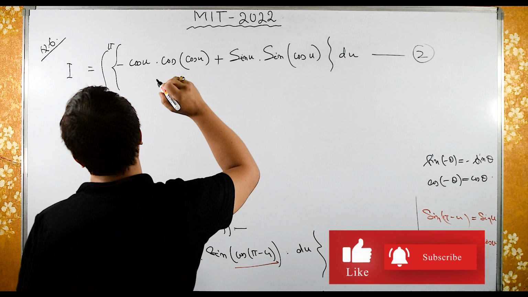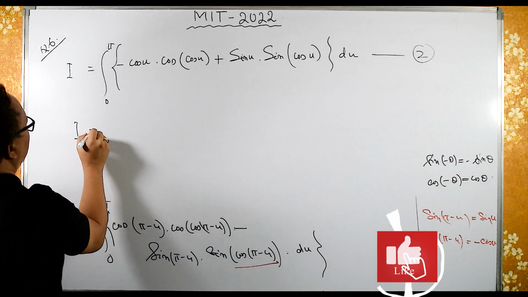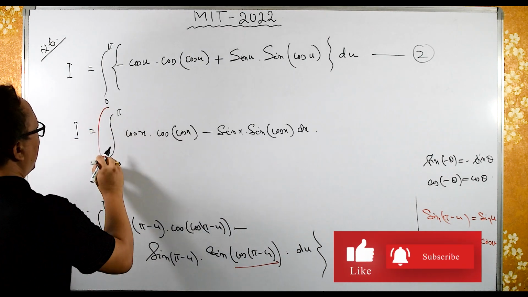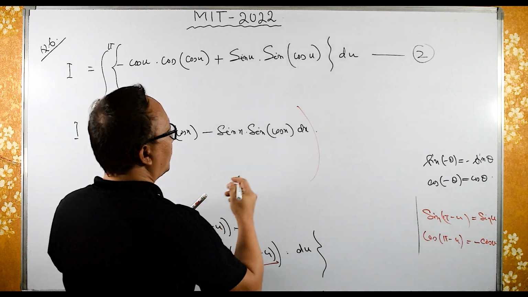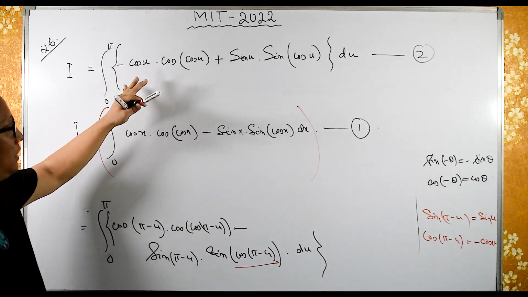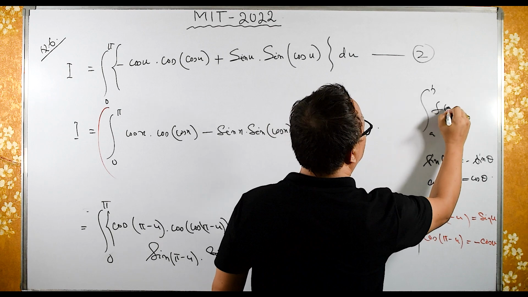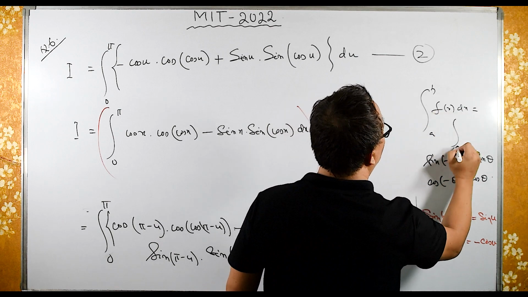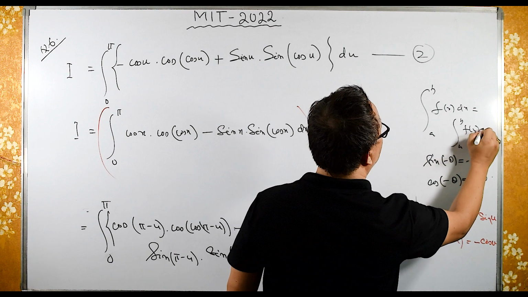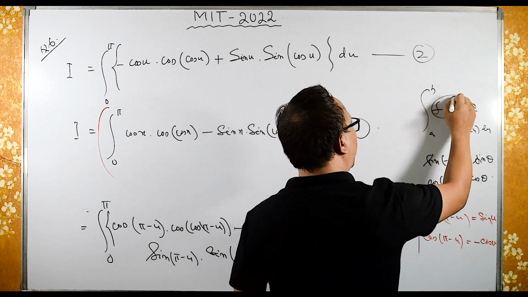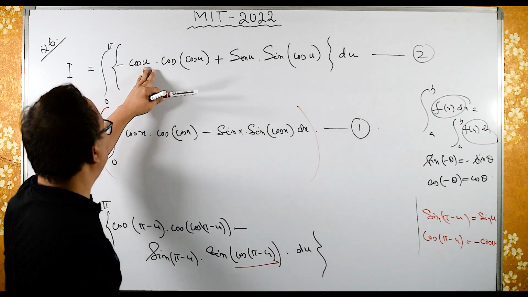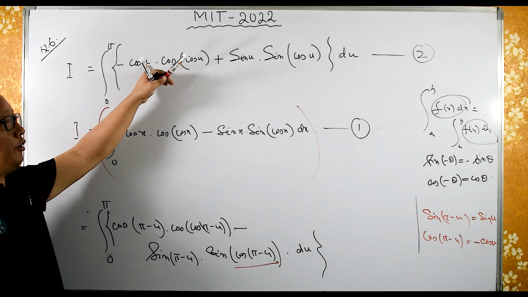The previous one was equation number 1. Now the integral of f of x dx from a to b is the same as the integral of f of y dy from a to b. This area is the same as this area. So for the time being, instead of u you consider t.